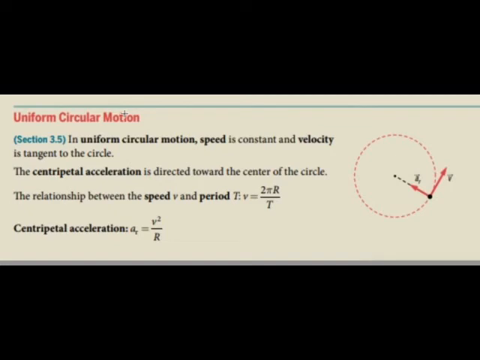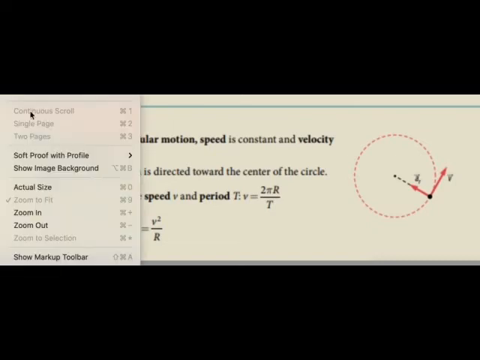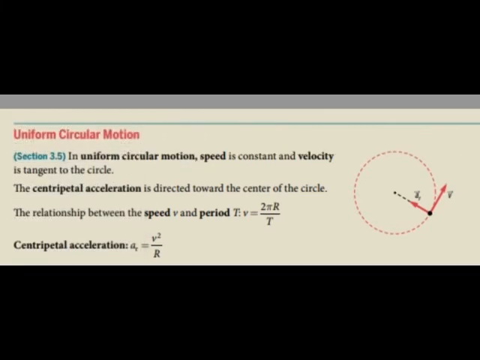I don't really have time in the video here to go over this in much detail, but you'll have to be reading that section anyway. In uniform circular motion, the speed is constant and the velocity is tangent to the circle. So this is called uniform circular motion. It's a special case where the speed is constant.